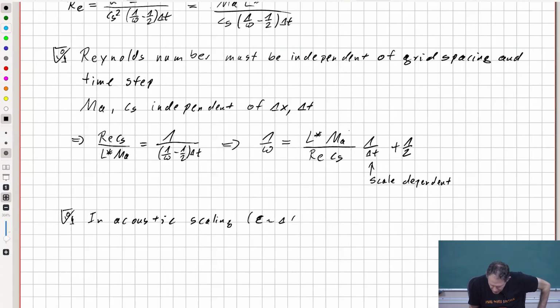Epsilon, so acoustic scaling is epsilon proportional to delta t proportional to delta x. Then omega is a function of epsilon. This is very important in the expansion because I said in the expansion everything, the dependence on epsilon is just inside the series expansion.